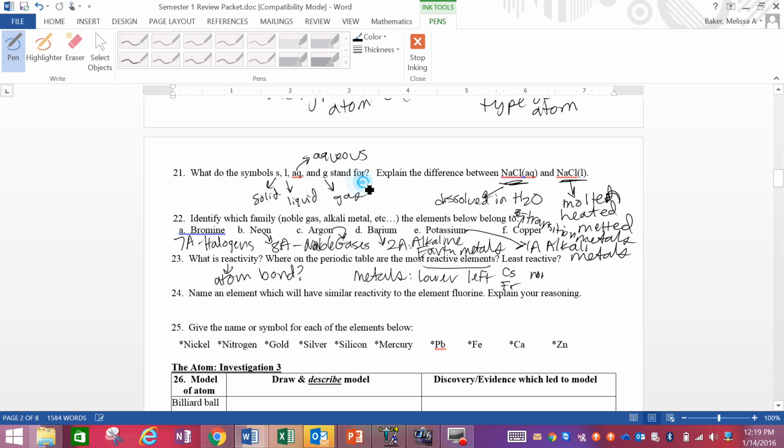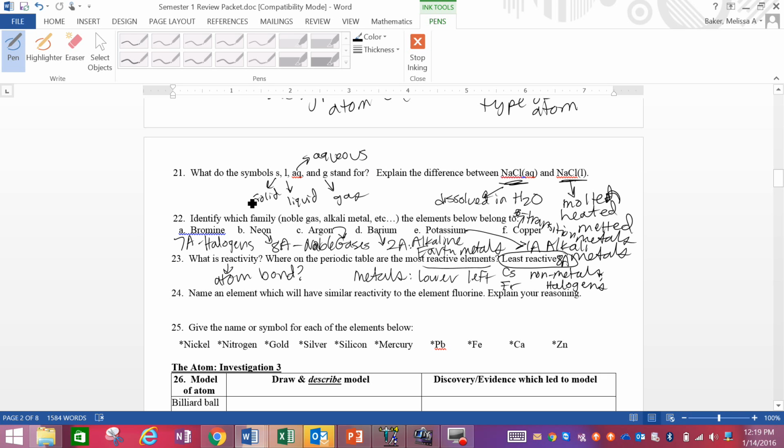If you're talking about the most reactive nonmetals, that's the upper right, excluding the noble gases. So the halogens, like fluorine. Where are the least reactive? Those are the noble gases. So group 8A, those are the snobby ones that don't like to react with other elements.